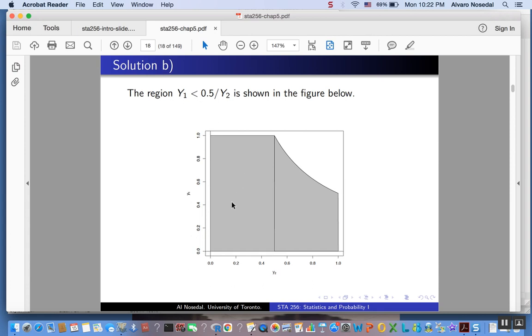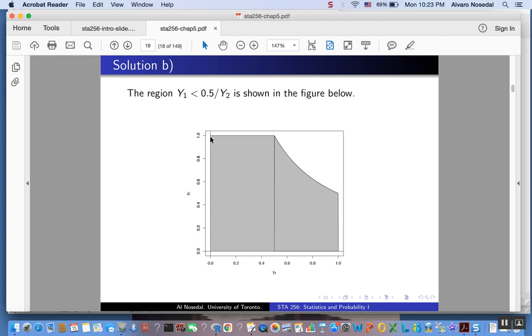So let's call this guy region 1. Note that for region 1, y2 is allowed to vary from 0 to 0.5. This guy is going to be 0.5. And it's easy to see that the coordinates of this point are going to be 0.5 and 1. Let me show you why.